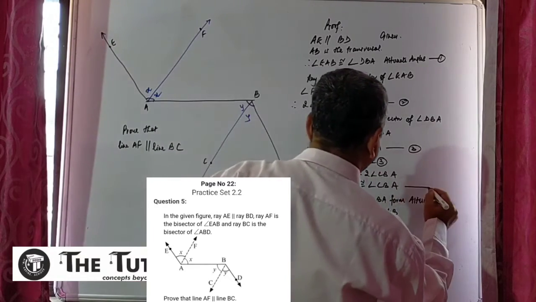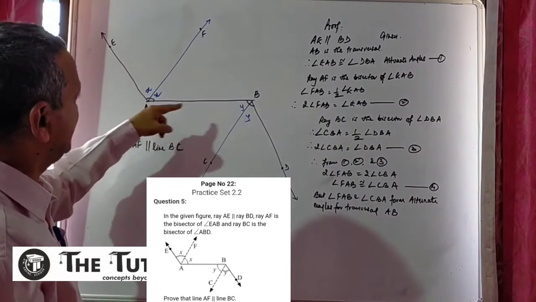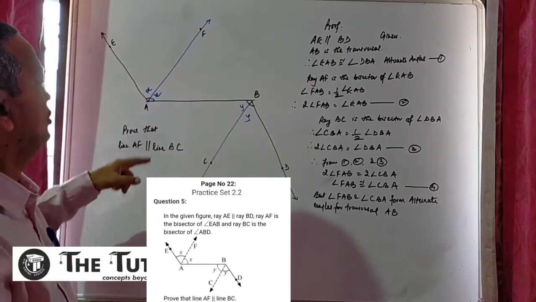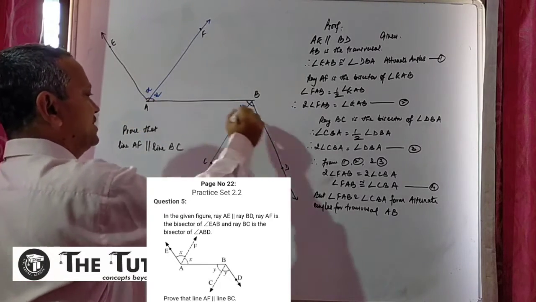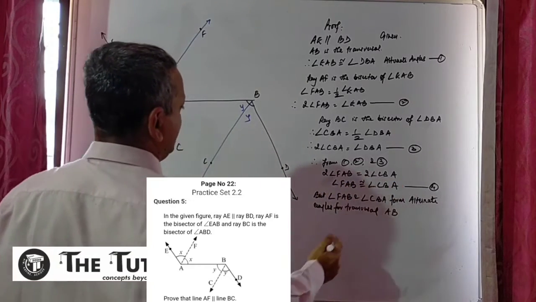This is your fourth. Angle FAB and angle CBA form alternate angles for transversal AB and FAB is congruent to angle CBA.